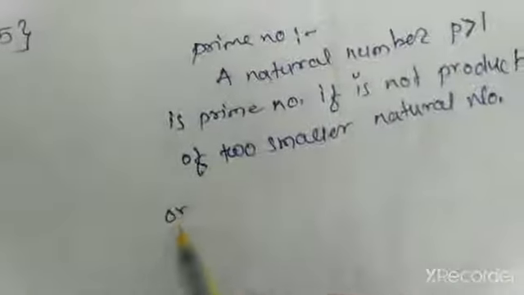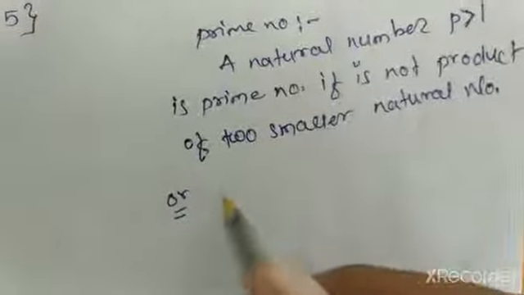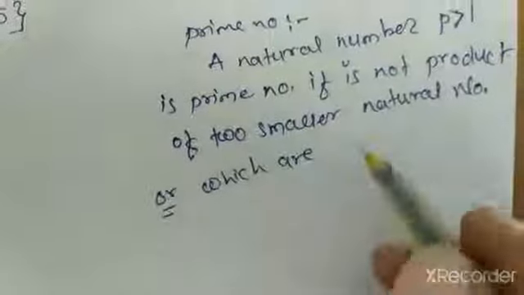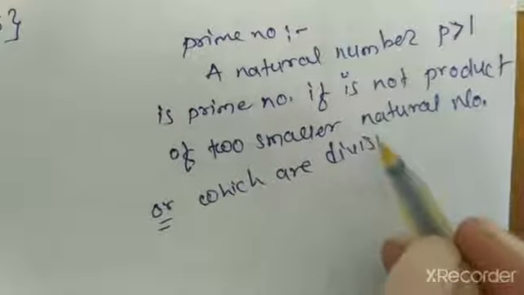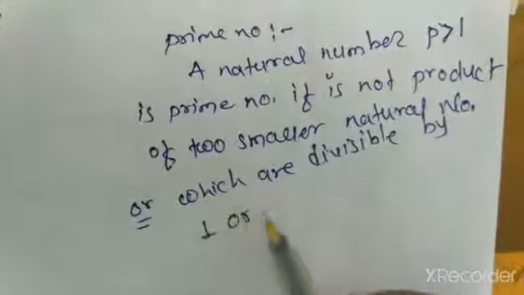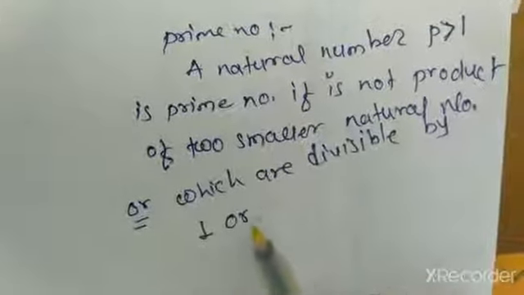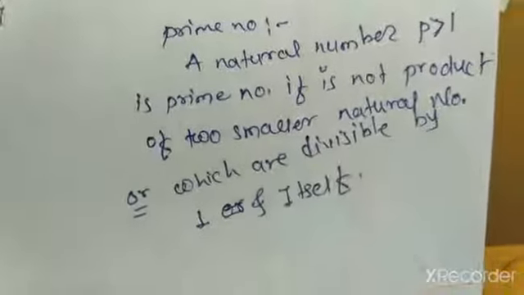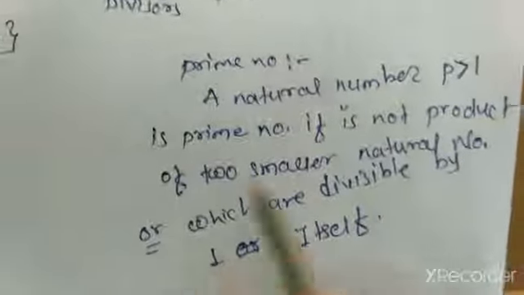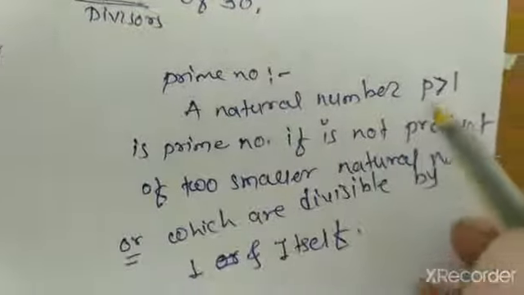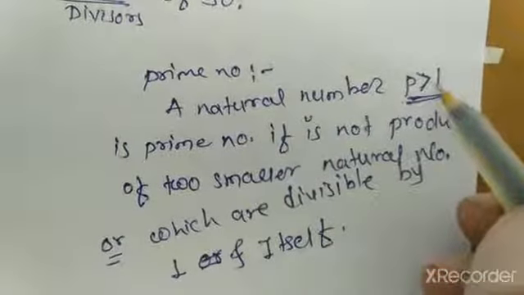Or in a simple way, the numbers which are divisible by only 1 and itself are known as prime numbers. These are both definitions of a prime number. The most important condition is that P should be greater than 1.